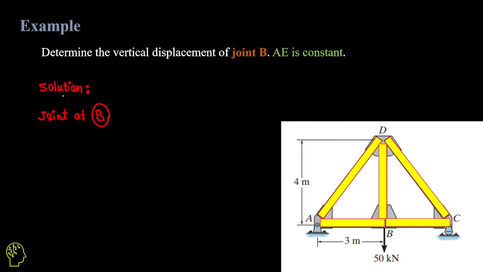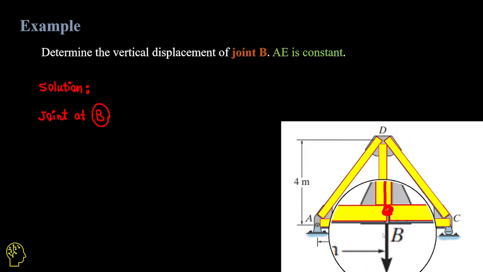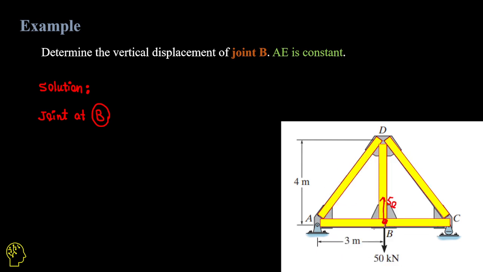By considering joint B, as soon as you see joint B, there is a 50 kilonewton force in the opposite direction to cancel out the vertical force. So if it pulls the point at B, it just pulls the member as well. So this is a tensile member of 50 kilonewton.